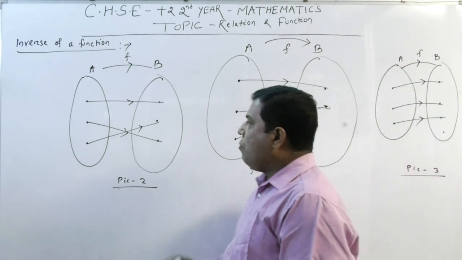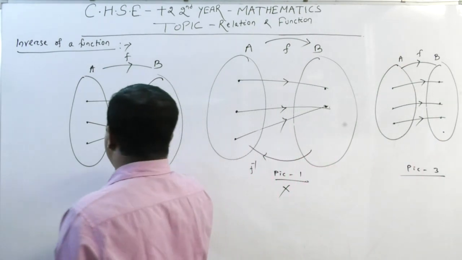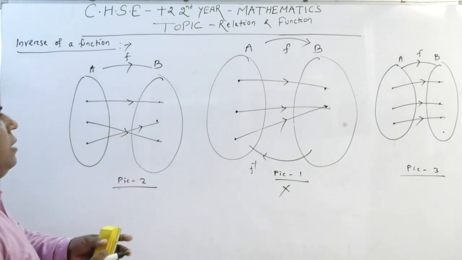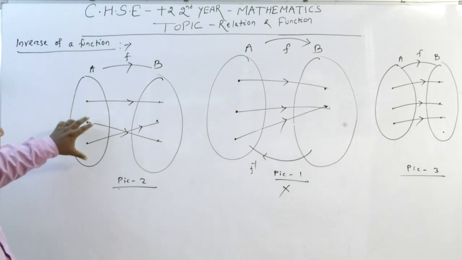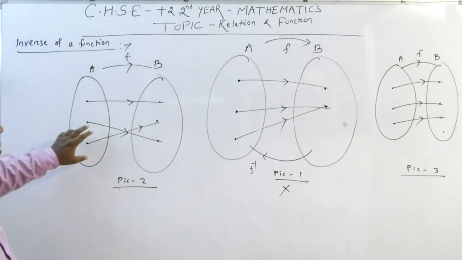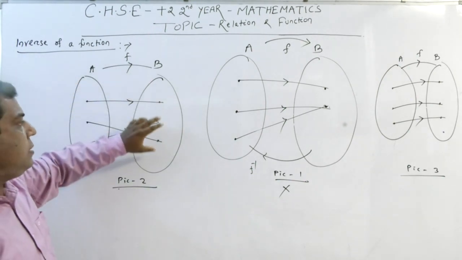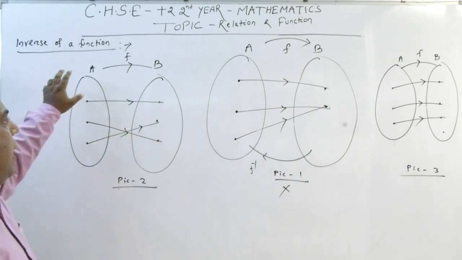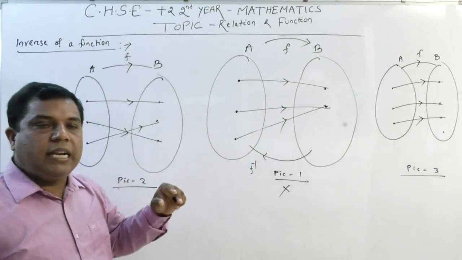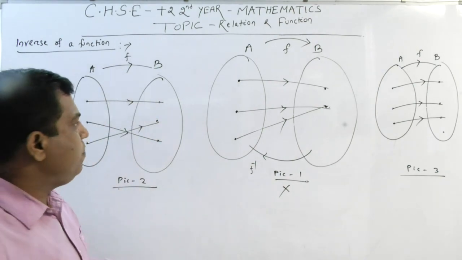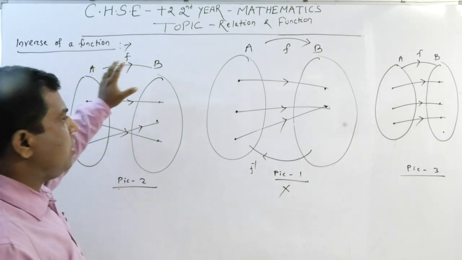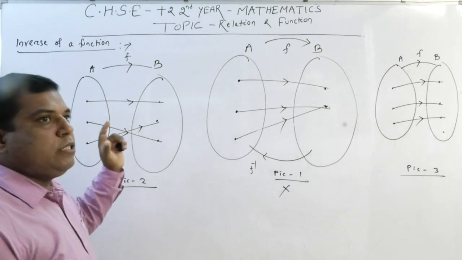Okay. Now we are moving to this one. Does it have an inverse? You see in this diagram, these elements are present in A and these elements are present in B, and f is the function from set A to set B. You can see these elements are mapped. Yes or no? Now you see whether the condition of function is satisfied or not.